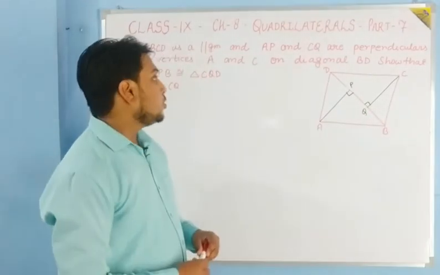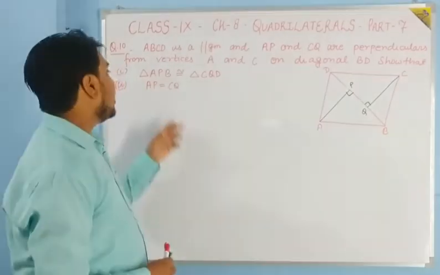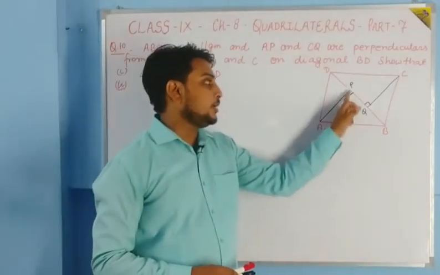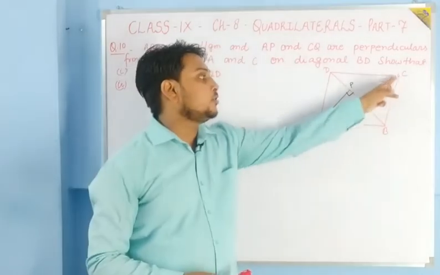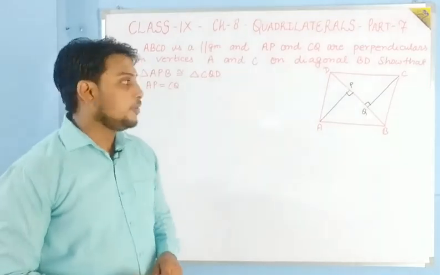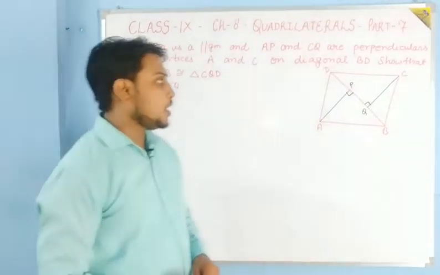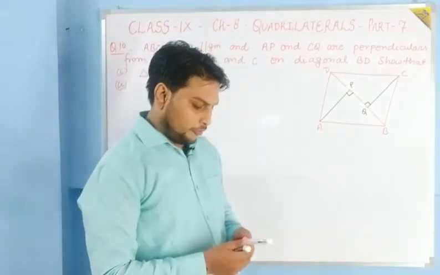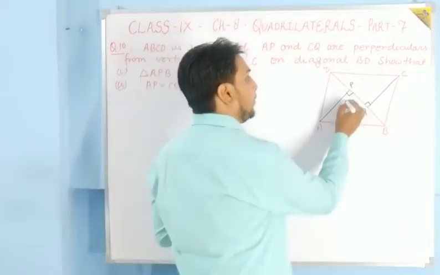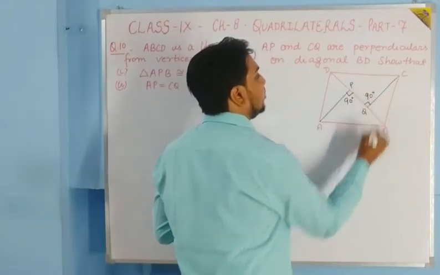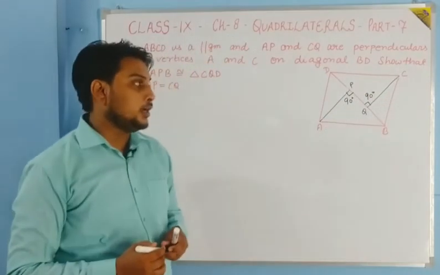So here we have to show that triangle APB is congruent to triangle CQD. How can we show that these two triangles are congruent? See students, if the lines are perpendicular, it means here it should be equal to 90 degrees, and here also it should be equal to 90 degrees.